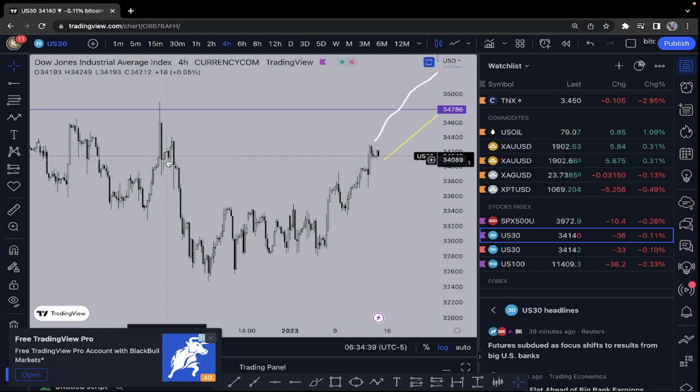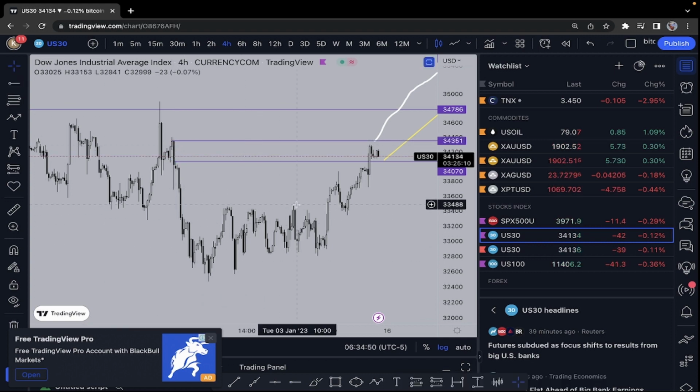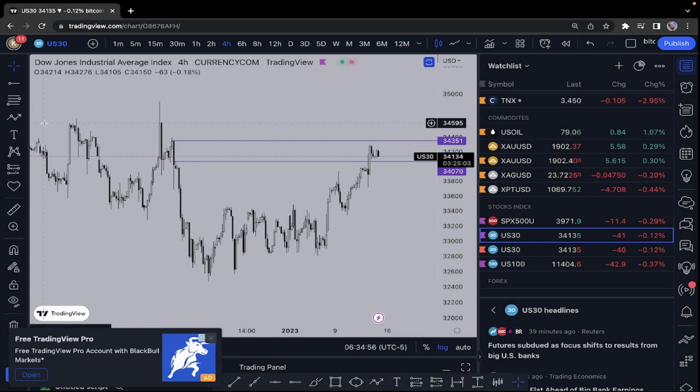Yeah, because there's not much, unless you're gonna say, okay, for the short term, because if you notice I'm on the 4-hour chart, the liquidity is right there. How would price react?